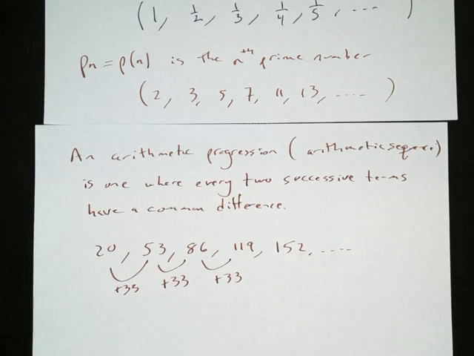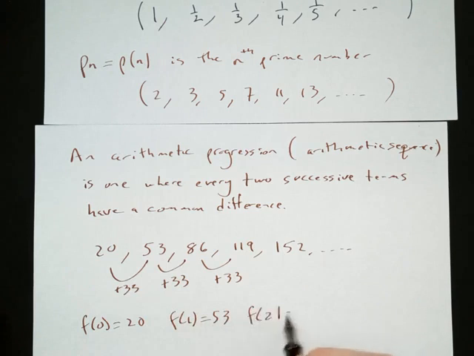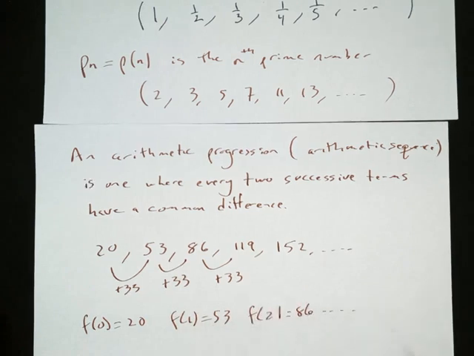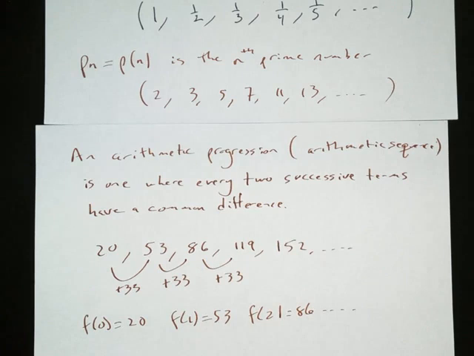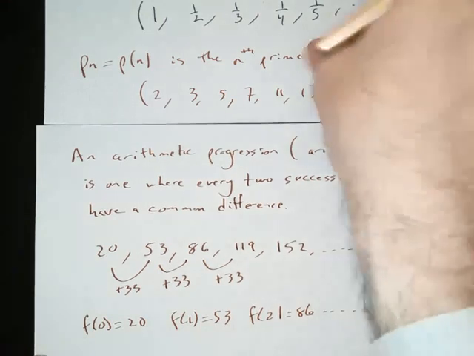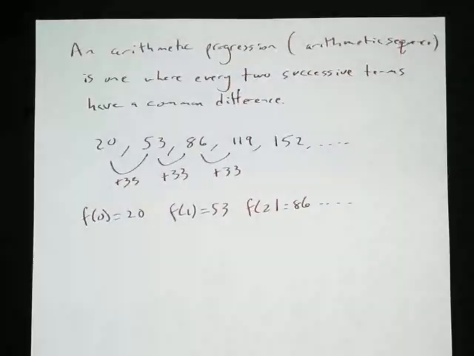As a matter of fact, I could come up with a formula for this, right? I could say that each number here is a mark on a line. If I wrote it like that, then I would be saying that every time you go over 1, you go up 33.